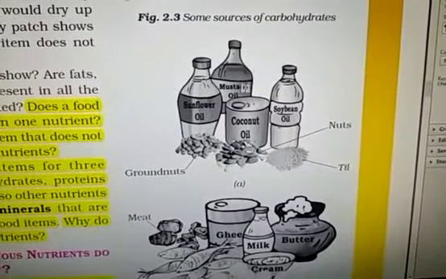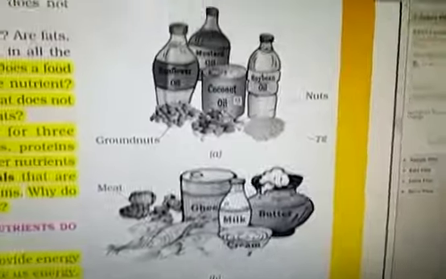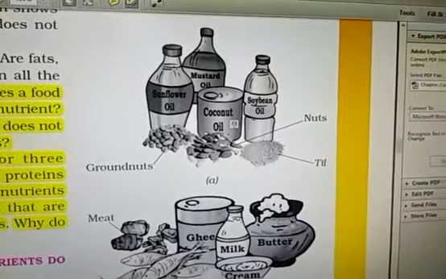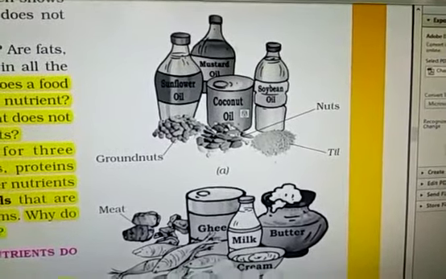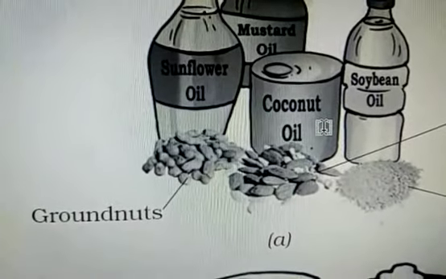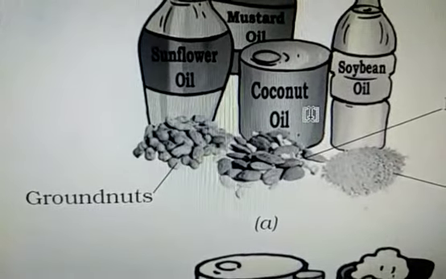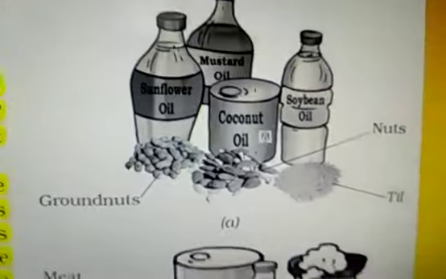Now another, these are the fats. You know, we have 2 sources of the fats, plants and animal. So in the picture A, you have the plant source of the fats. These are sunflower oil, coconut oil, mustard oil, soybean oil, etc. And along with that, groundnuts, almonds, cashew, they also have the fats.